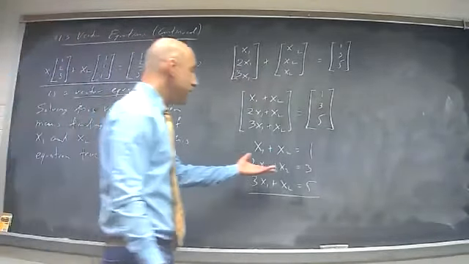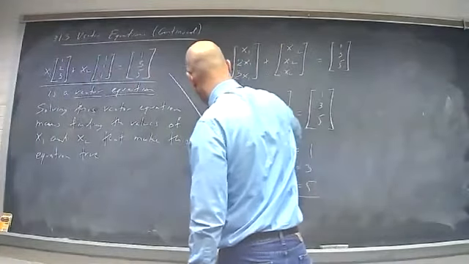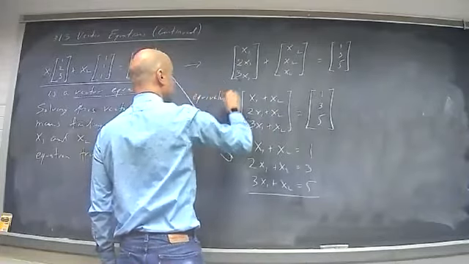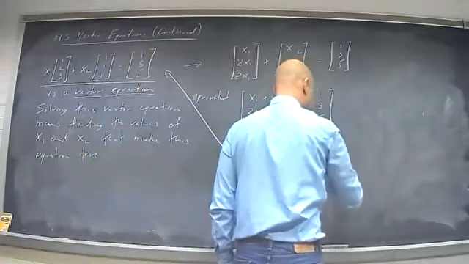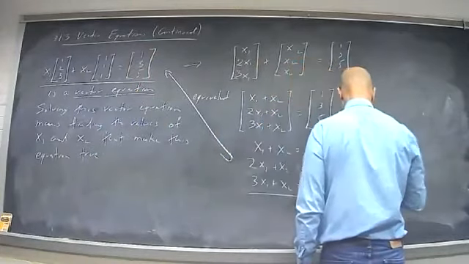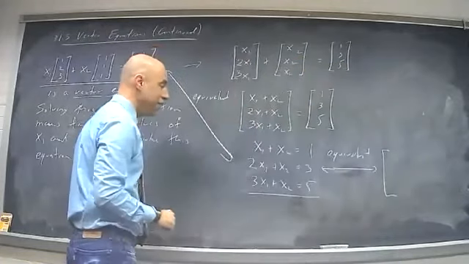We already know that this system of linear equations, so this and this, are equivalent. We already know that this is equivalent to an augmented matrix.